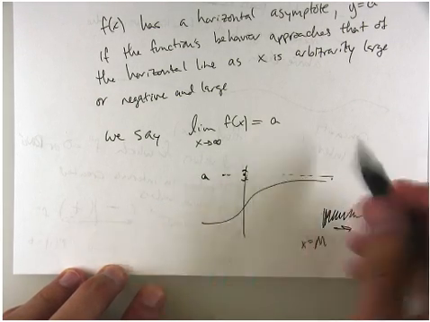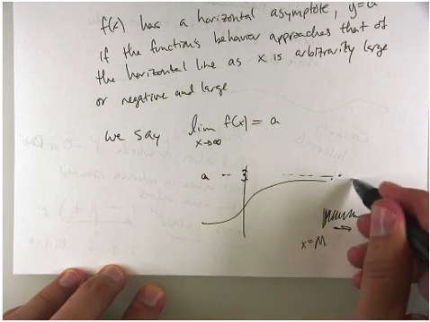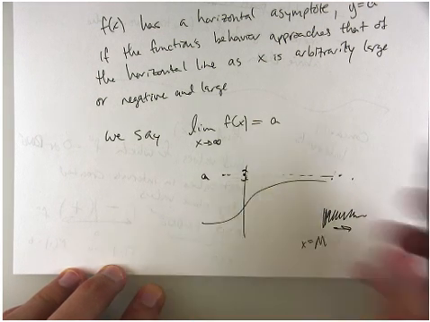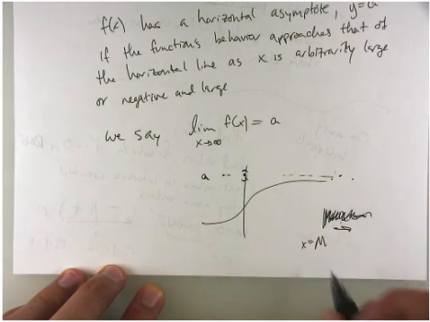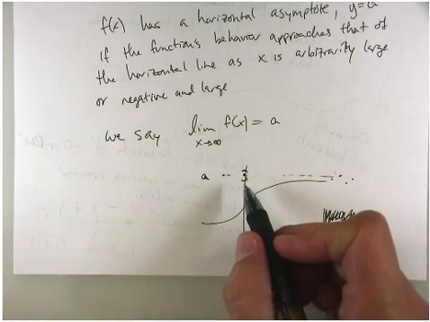This guy in the bubble, this guy in the bubble, the next guy in the bubble. No matter what x value I pick, it's going to be however close you want to be.